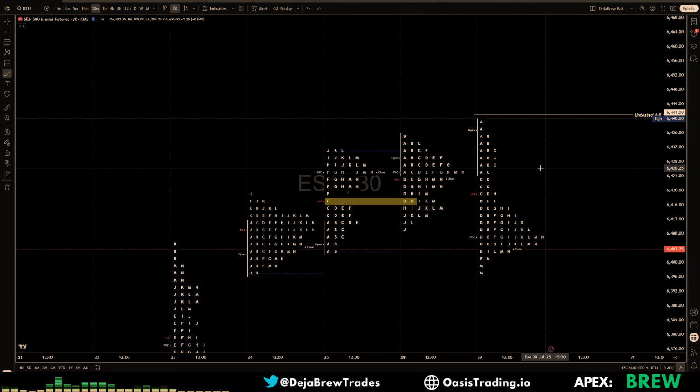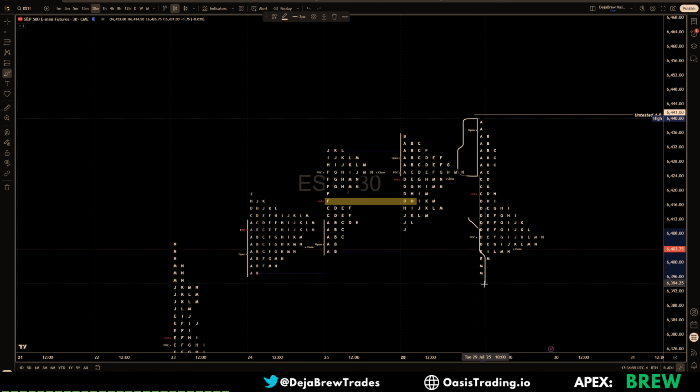So that break of that A session low has told us that this A session high very likely going to be the high of day, but it's also told us that that break is probably pretty strong. We are probably going to get at least a 100% extension of that initial balance. So if that initial balance is 20 points, then we could probably look for 20 points below that. If we want to go for 200%, we could go another 20 points, right?